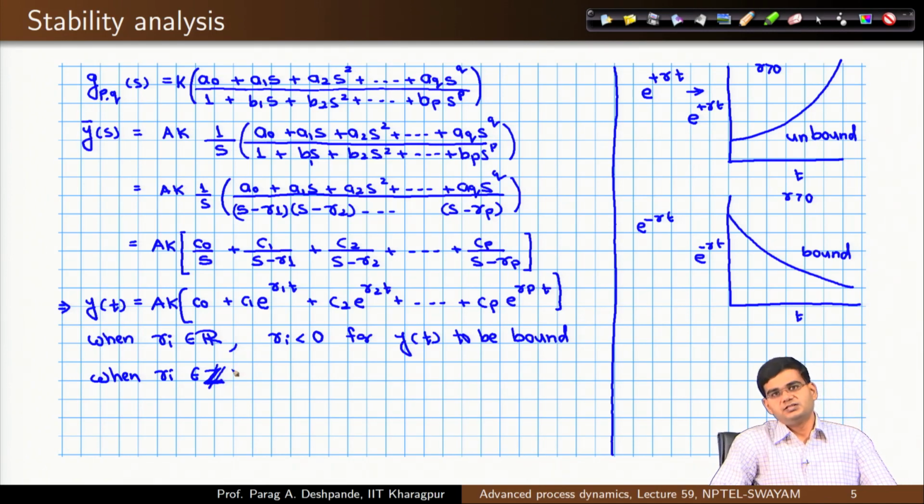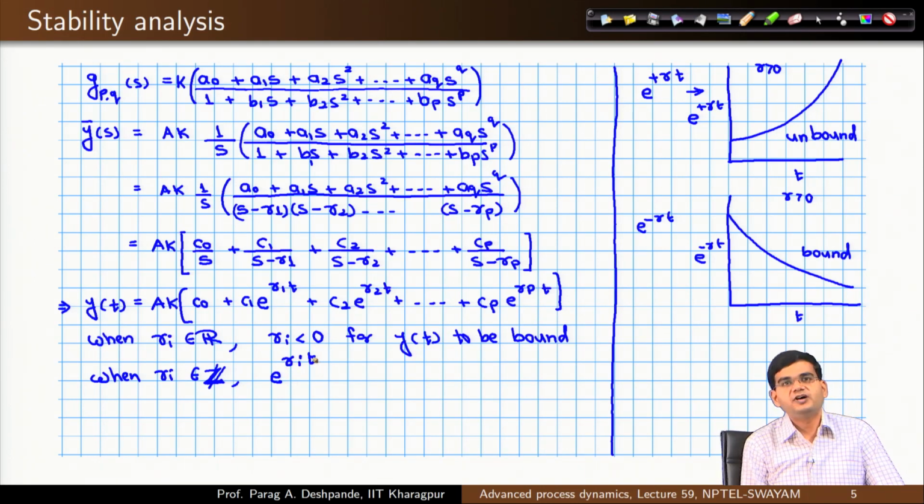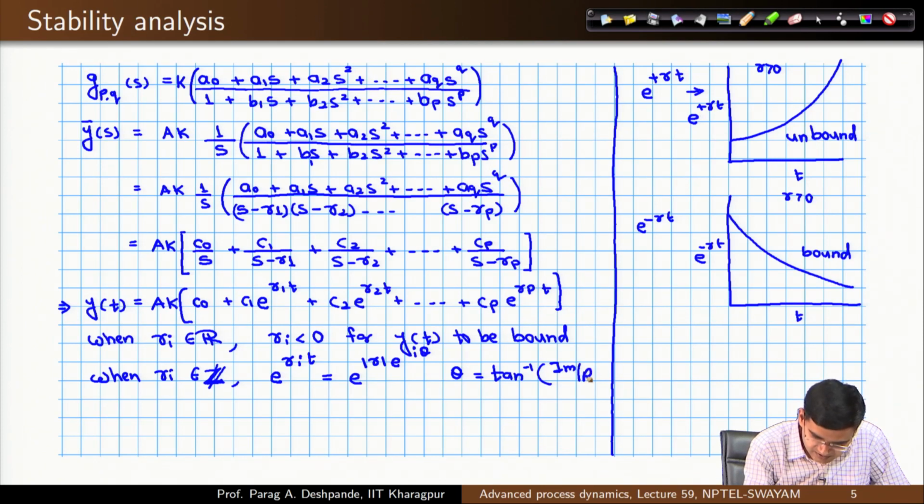When r I belong to complex numbers, then what happens? So, I have e to the power r I t, and let me write e to the power r I t as the modulus times e to the power I theta, where theta is equal to tan inverse of imaginary upon real.